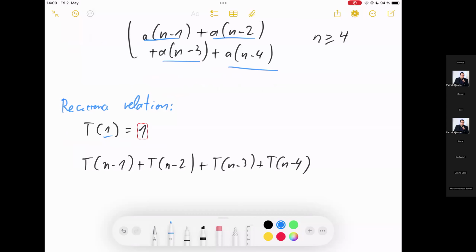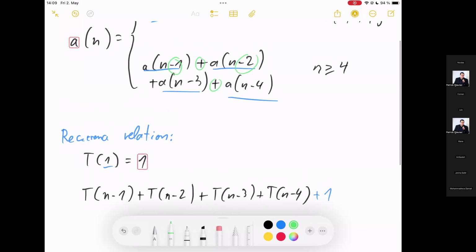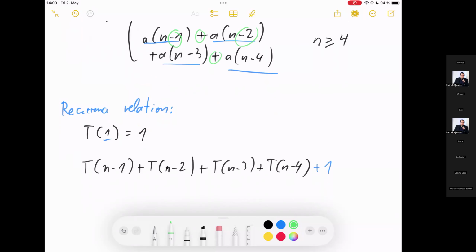What's important is that we add a 1 here, so plus 1 for the recurrence relation, because there is still constant work, because we need to do, for example, these subtractions here. We need to add all of this together. So there is constant work, and this is what this 1 stands for. So we could say that T of n is T of n minus 1 plus T of n minus 2 plus T of n minus 3 plus T of n minus 4 plus some constant work.